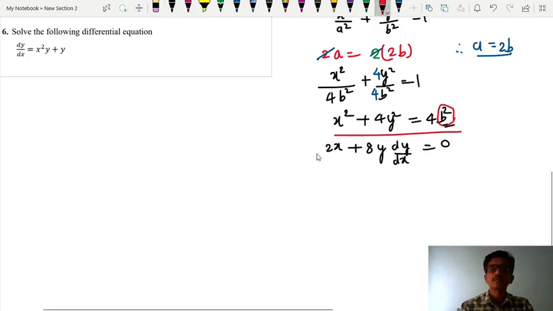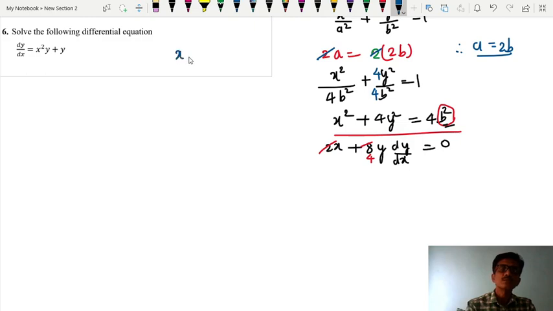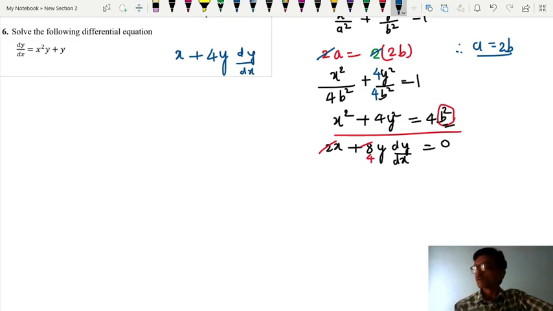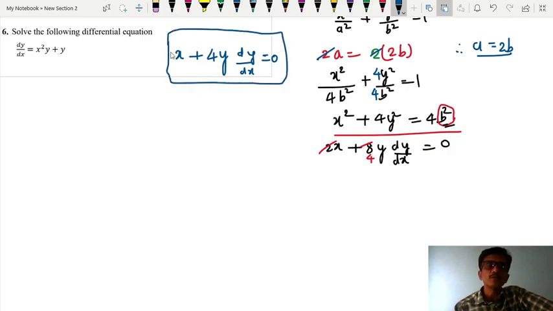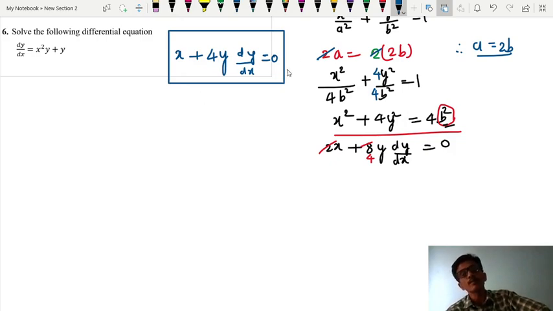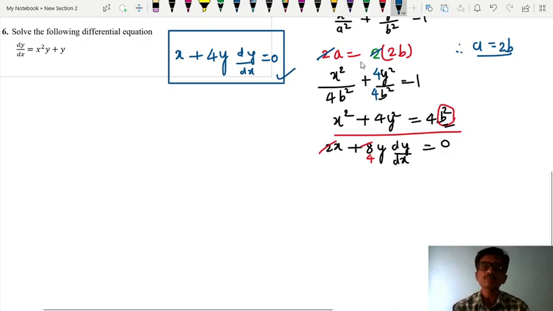So we can cancel this 2, we can cancel, it is 4, and the required answer is x plus 4y dy by dx is equal to 0, is the formation of differential equation. So we have formed this differential equation, x plus 4y dy by dx is equal to 0.